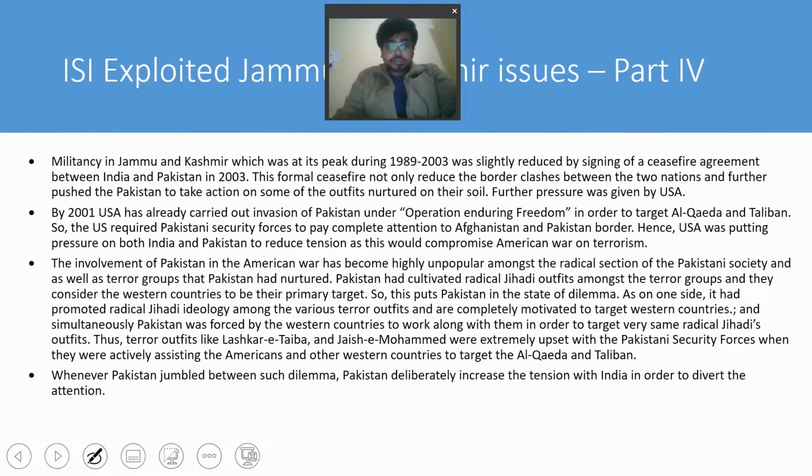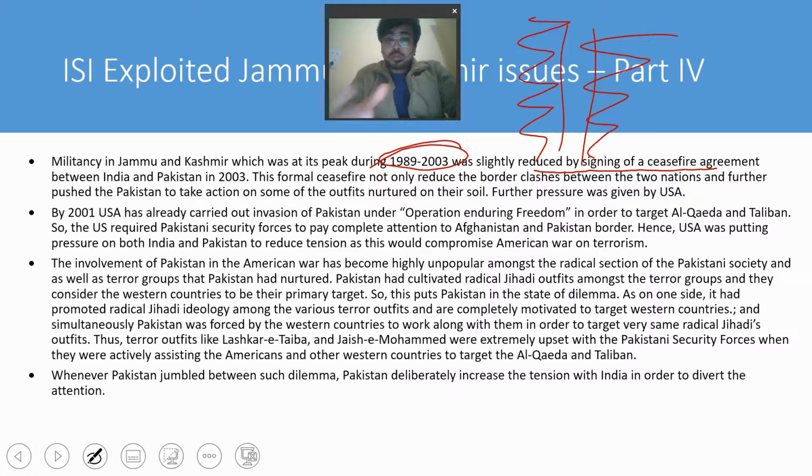Militancy in Jammu and Kashmir, which was at its peak during 1989 to 2003, was slightly reduced by the signing of the ceasefire agreement. It was forced by the USA, as both armies were standing face to face. During Operation Parakram, a standoff happened, and since both countries are nuclear powers, due to international pressure both India and Pakistan were forced to sign the ceasefire agreement in 2003.